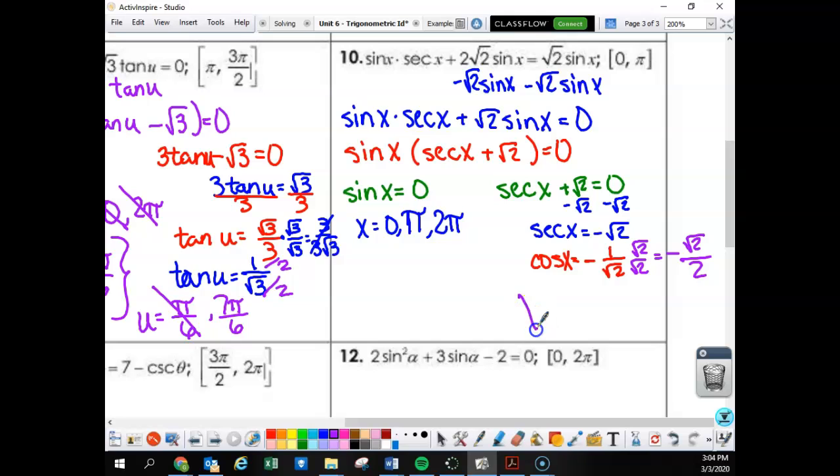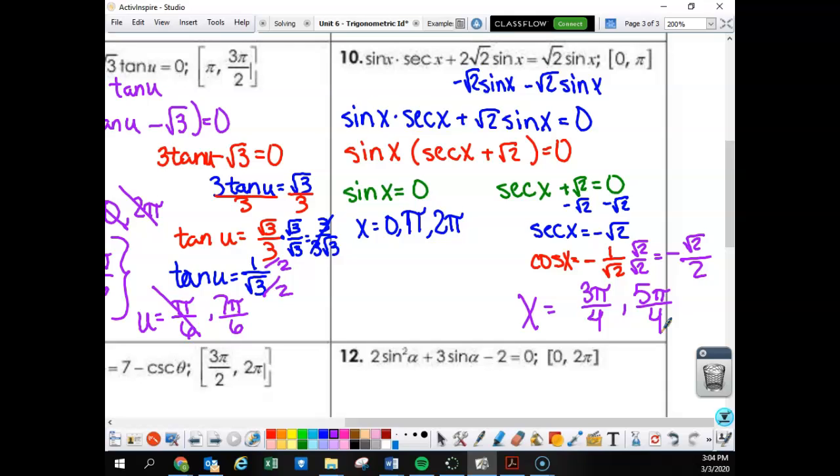And that happens at 3 pi over 4 and 5 pi over 4. Okay? But we have our domain from 0 to pi.